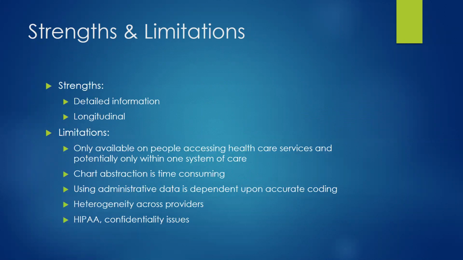So if people don't see a healthcare provider, there's no medical record for them, or at least for that condition that they have. And again, using administrative data depends on how accurate the coding is. There can also be a lot of differences across providers just in terms of practices and also in terms of their coding approaches.